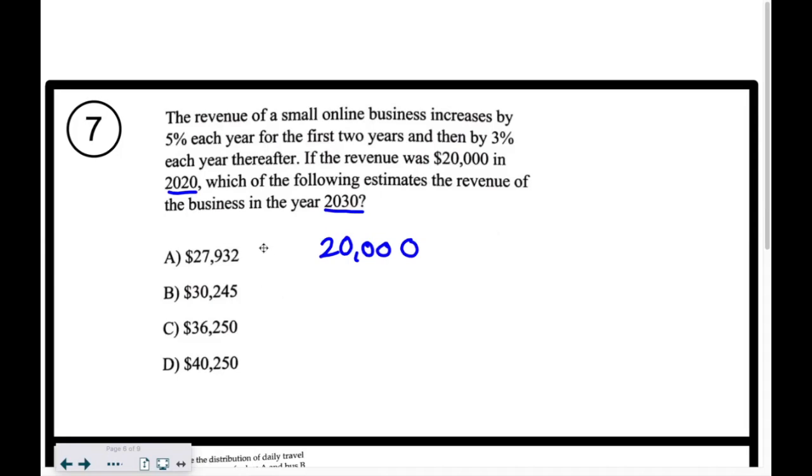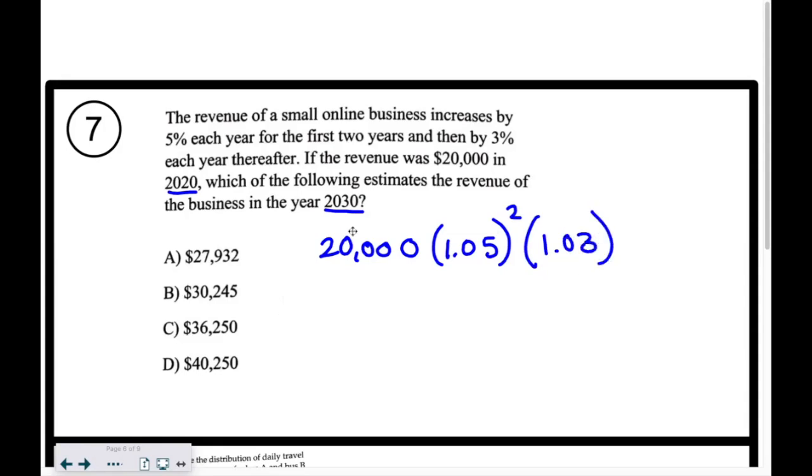All right, so in 2020 it was $20,000 and it's going to increase by 5%. We have to know by now that a 5% increase is multiplying by 1.05 for the first 2 years, so that's going to happen 2 times. Every time it happens, I multiply by it, so that repeated multiplication is where the exponent comes from. Then it's going to increase by 3% each year after that, which is 1.03.